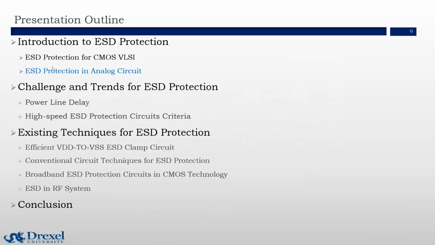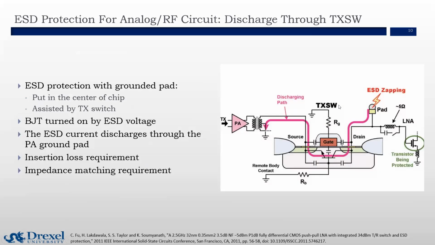However, let's first take a look at the protection in the analog circuit. So for analog and RFIC, which is bandwidth sensitive, we want to assure that we have a maximum bandwidth after we have added our ESD clamp device. So in this example, we have an ESD protection with a grounded pad put in the center of our chip.